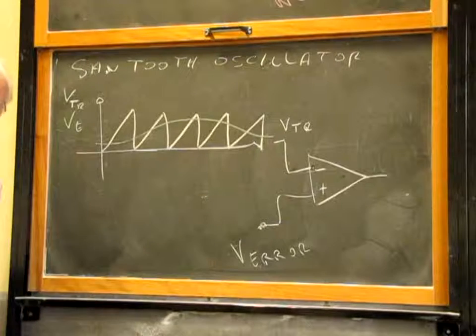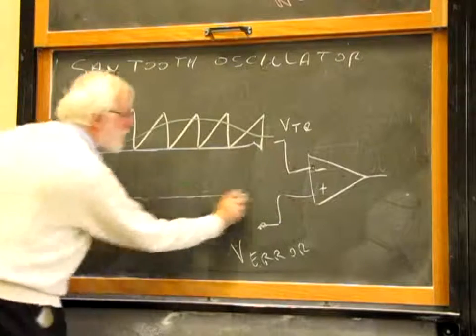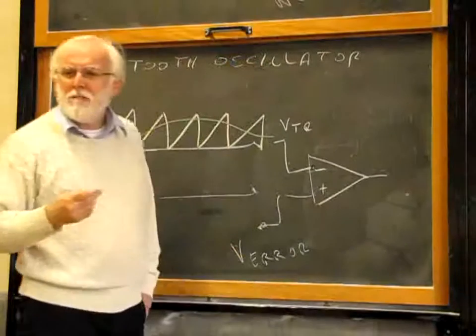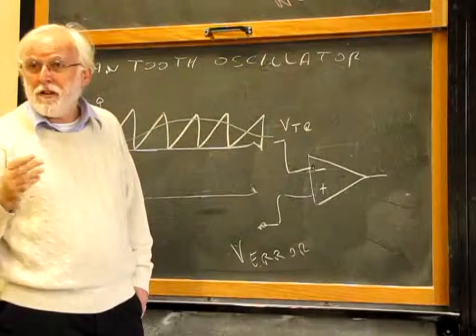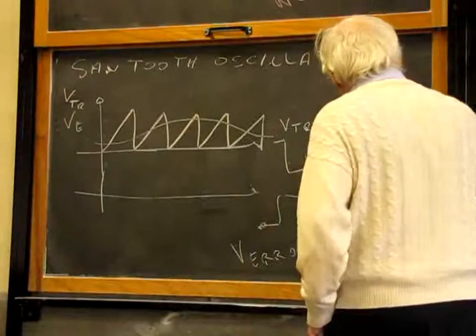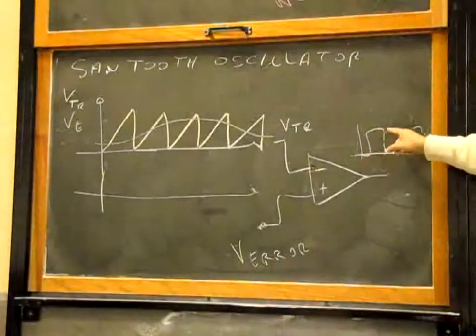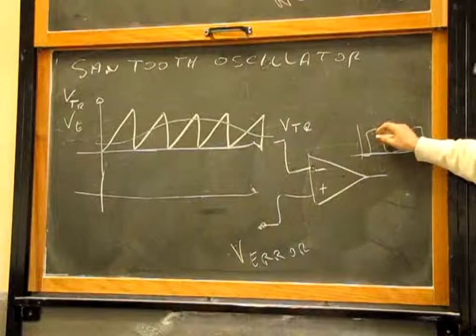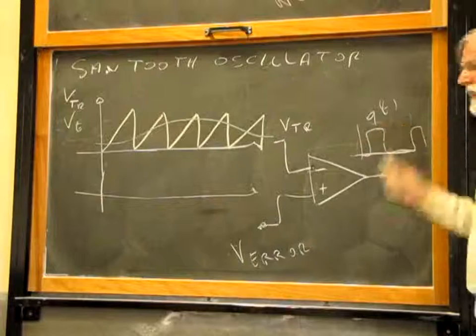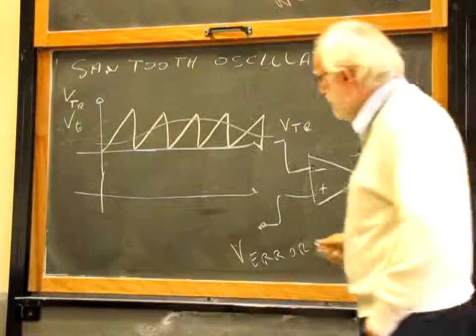So my output, I don't want to call it D, because D is a number going from 0 to 1. My signal over here we gave it a name, Q. This Q signal is a switching function, but you don't usually find this name in the literature.